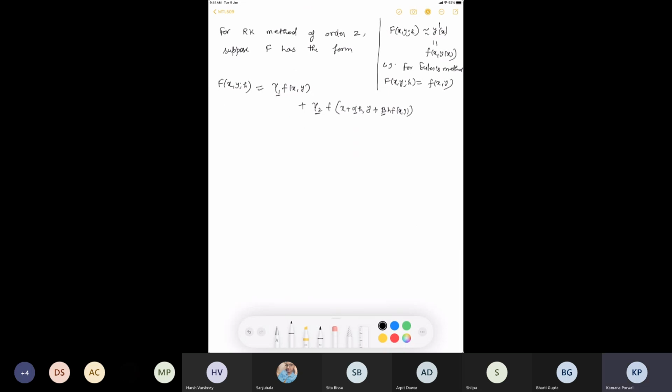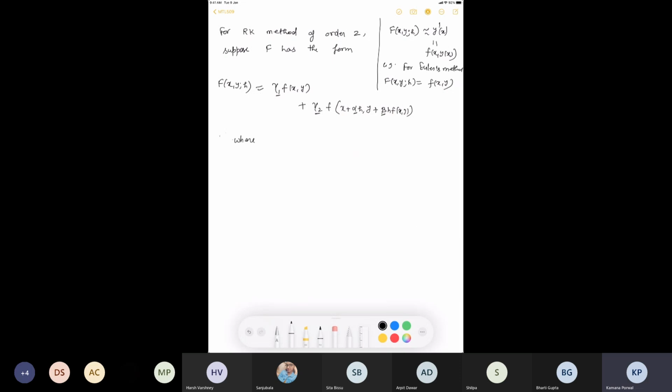Here these gamma 1, gamma 2, alpha and beta are unknowns, and we have to determine them in some way.